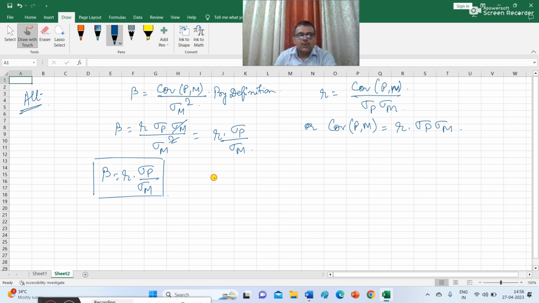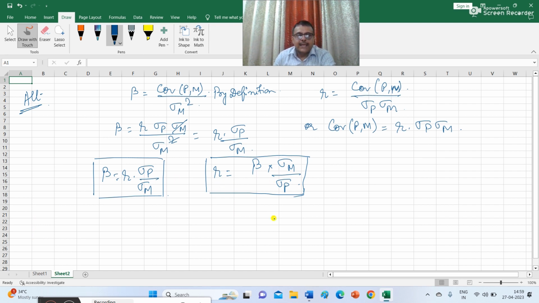So in order to calculate the value of R, you can multiply beta with sigma m divided by sigma p. So I would like to request all the students to know the value of beta and R through this formula.